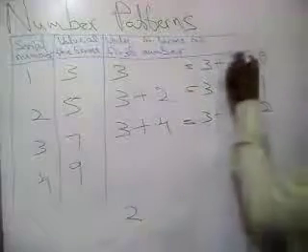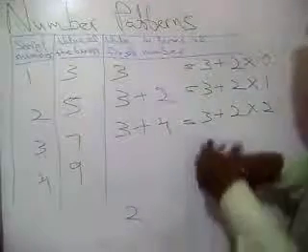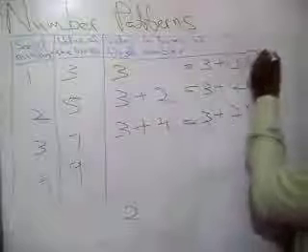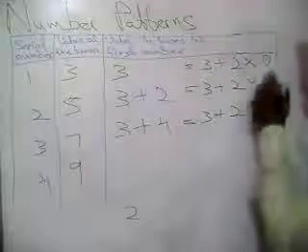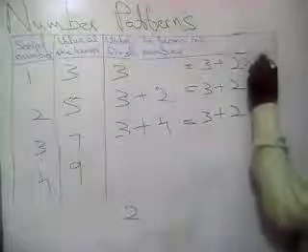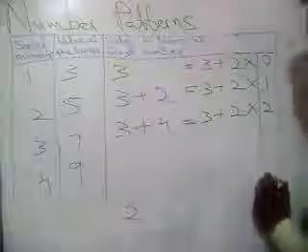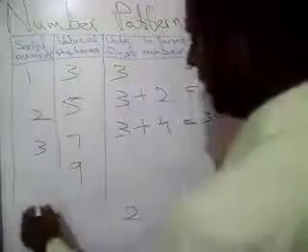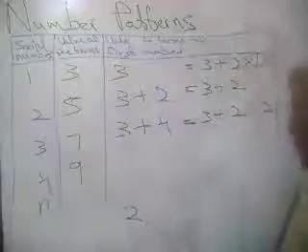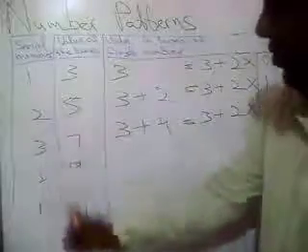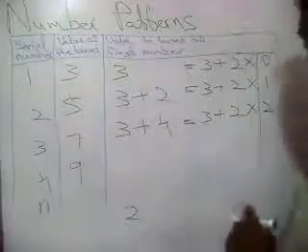Do you now see a pattern here, especially in this column? Here we have to calculate the nth term, where n is 1, 2, 3, 4 and whatever term we want.